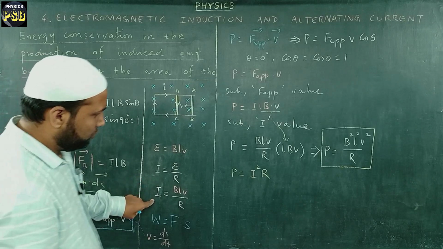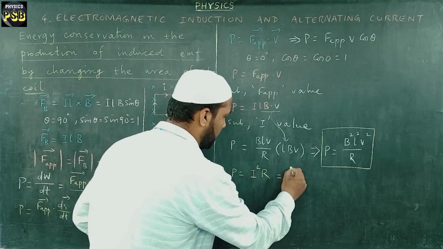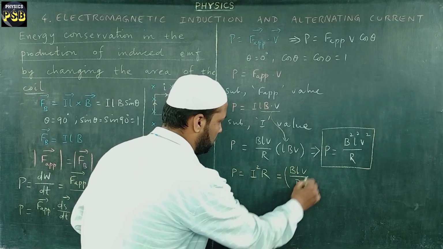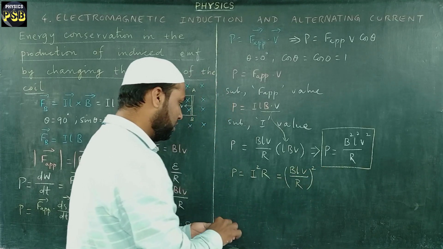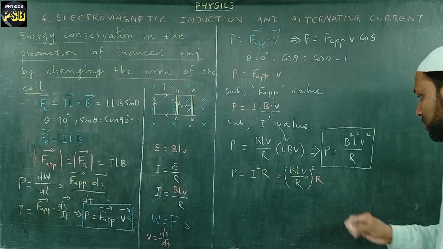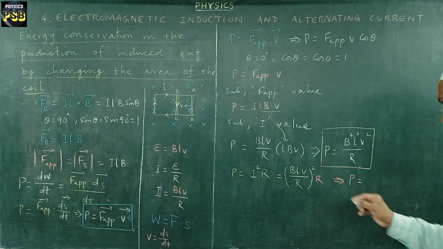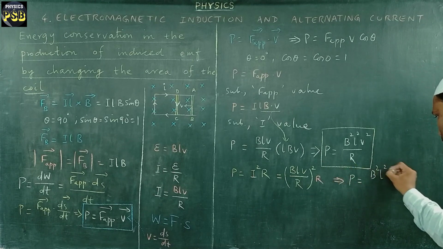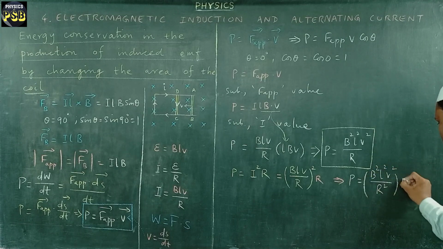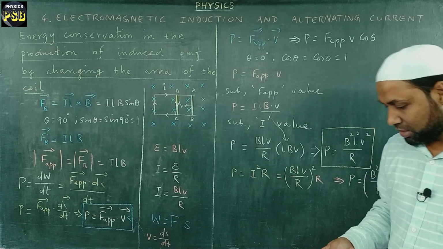We know the value of I is found to be BLV upon R, the whole squared, multiplied with the capital R. Then the next step, we get P1 equal to B squared L squared V squared upon R squared. Already I have R here, so these two things get cancelled. And what we obtain is nothing but this.